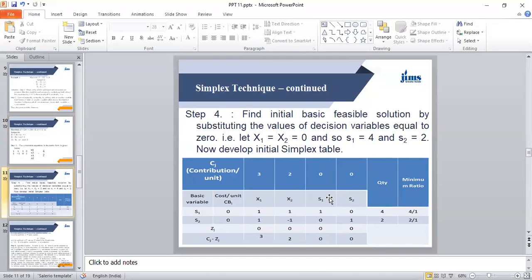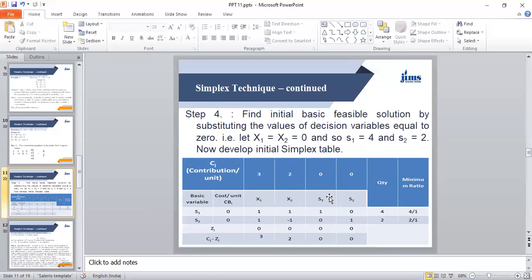Now, we are going to write this in the simplex table. Please concentrate here, because converting the given conditions, or transferring the data available in the problem into the simplex table, is also a great art.